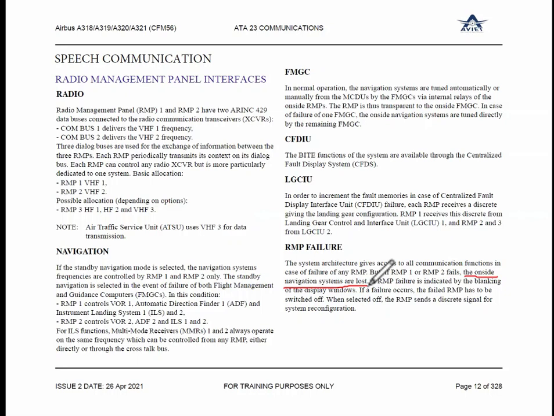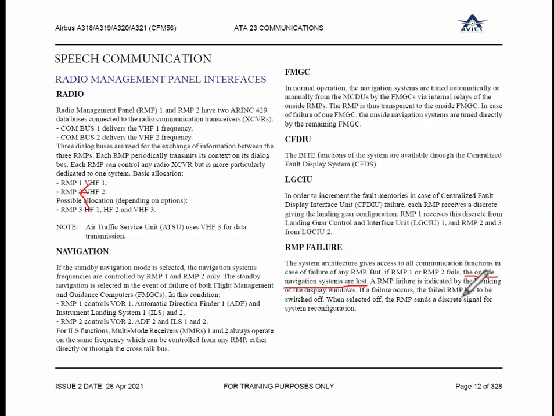But the communication system is available to you through the other RMPs. You can tune the receivers through another RMP, as you know you can tune RMP2 to VHF, HF1, or VHF1. So your receivers and communication are available, but your backup navigation is lost on the respective side.